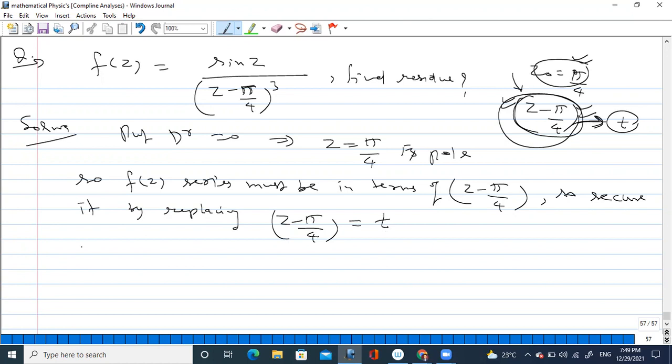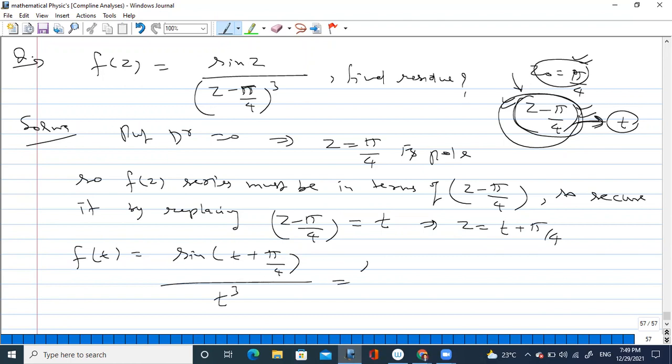So then f(t), my equation will become f(t) equals sin of, z we will convert, this implies z will be t plus pi by 4. So that will become sin(t plus pi by 4) divided by t cube. Now you can expand it.